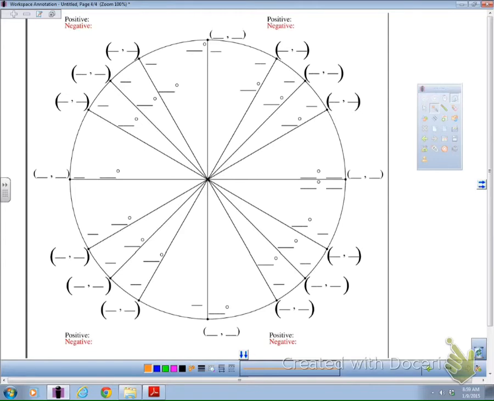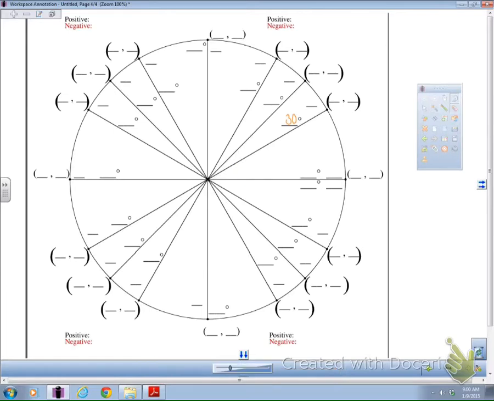For every angle coming from the center, see this angle right here? That angle happens to be 30 degrees. It has a degree measure, a radian measure, and then there's a point that goes with it. So we're talking about the point in the coordinate plane that it corresponds to, and those are significant.